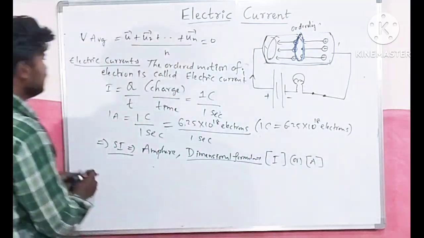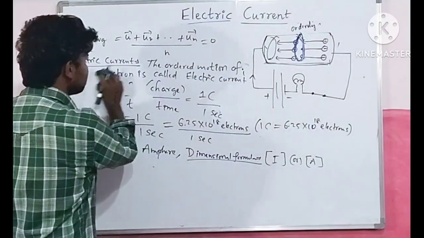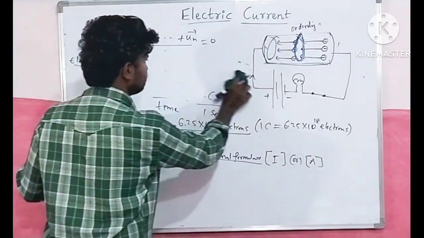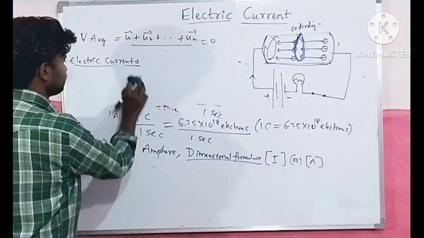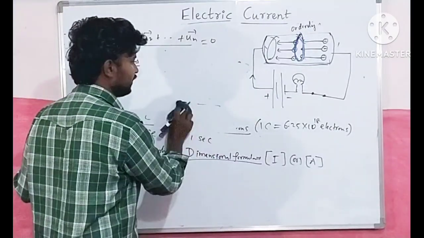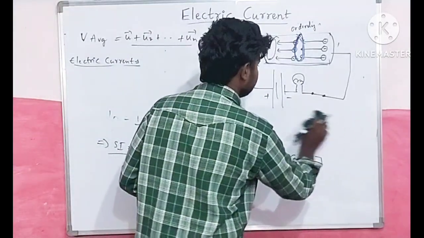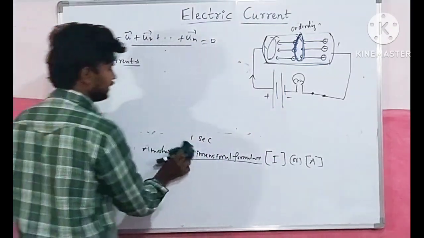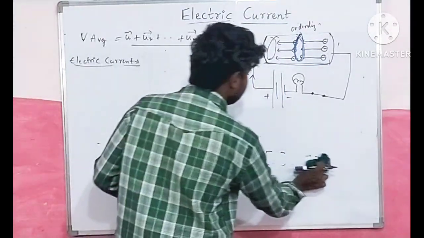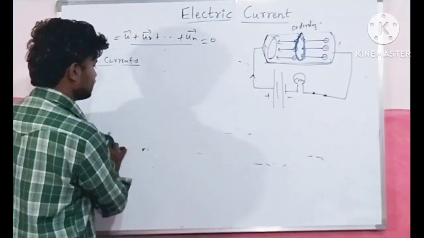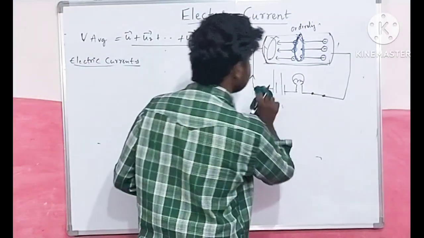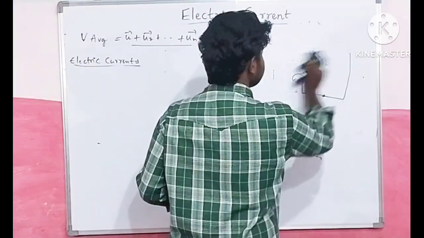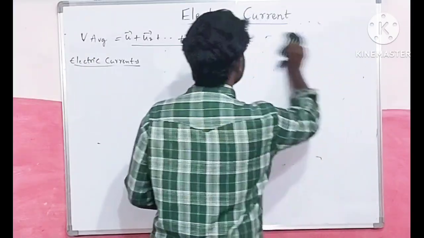The next thing is instantaneous current. What does instantaneous current mean? When it comes to instantaneous current, the rate of flow of charge is not constant. In this case, we have to take the time limit equal to 0.